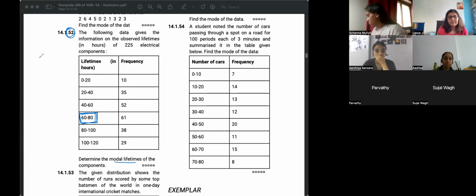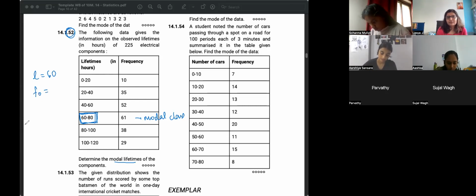So formula में apply करने के लिए फिर L का value क्या होगा? 60. हाँ. L equal to 60. Then F naught will be equal to. So F naught, F1, F2 are basically frequencies around the modal class.